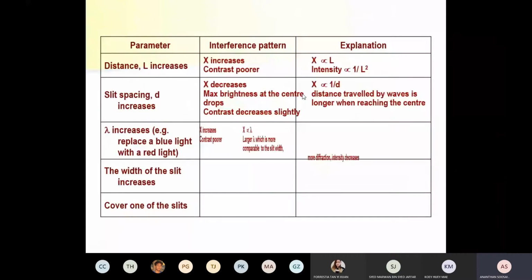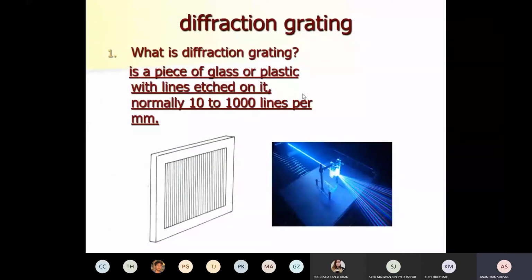Today we're going to talk about another one. It's called diffraction grating. Today's lesson is about diffraction grating. You can see down here the appearance of a diffraction grating. What is a diffraction grating? It is a piece of glass or plastic which has 10 to 1,000 lines per millimeter.